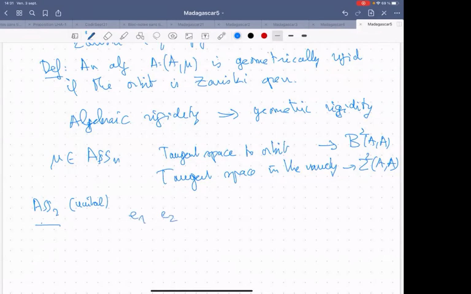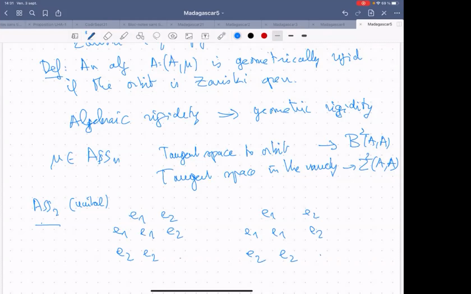if I take a basis E1, E2, E1, E2, and here E1, E2, E1, E2. If E1 is the unit, then you can fill this part, E1, E2, E2, and what remains is to fill in and define the multiplication of E2 by E2.